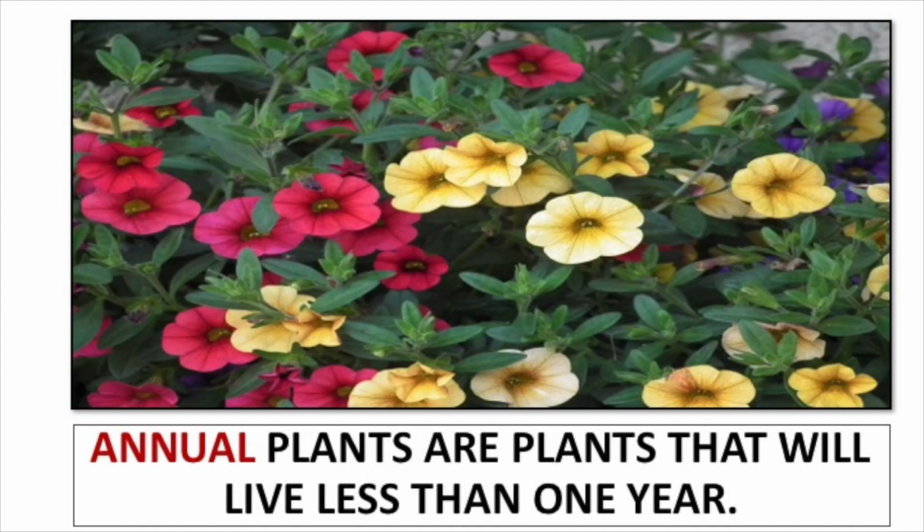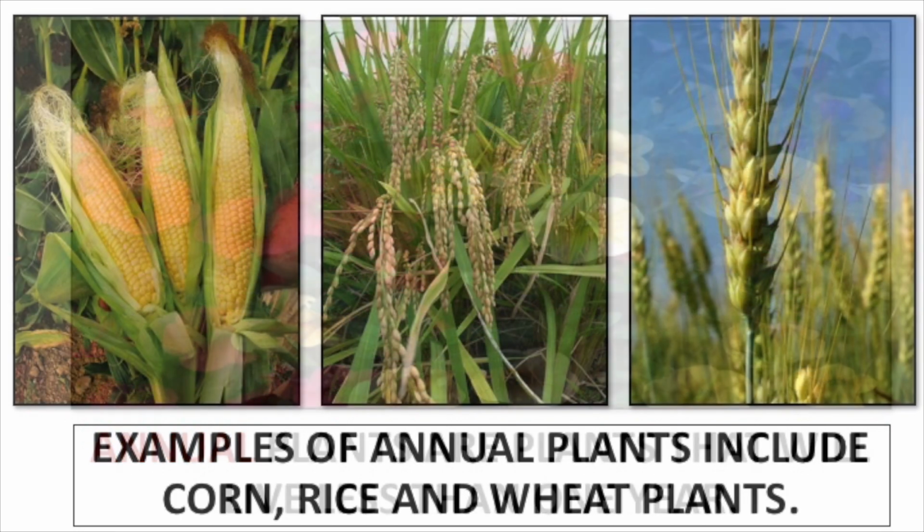Annual plants are plants that will live less than 1 year. Yes, these types of plants only have 1 season. So when the season has come and gone, these plants will die. That's why they're called annual, because annual means 1 year.